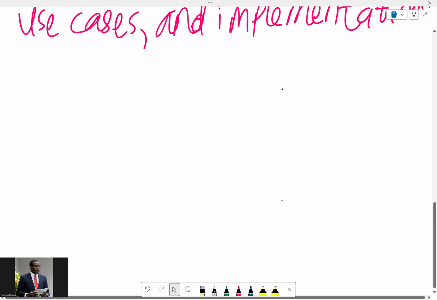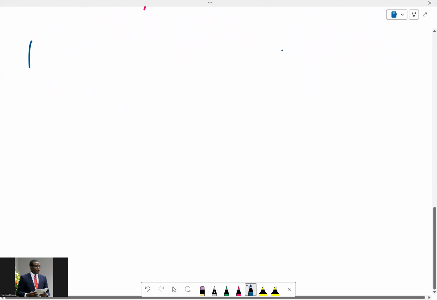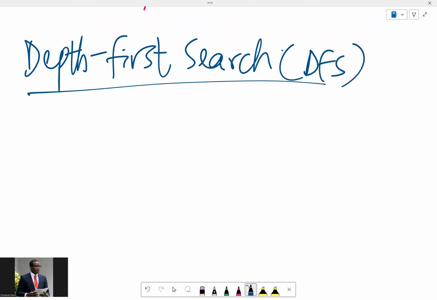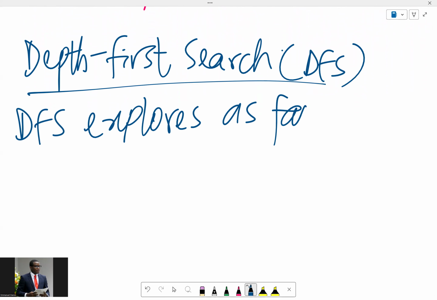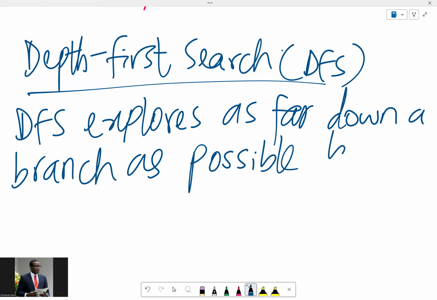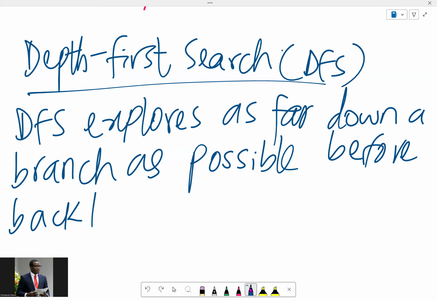So the depth first search, or DFS, explores as far down a branch as possible before backtracking. If you take a branch of a graph, DFS explores as far down the branch as possible before backtracking.